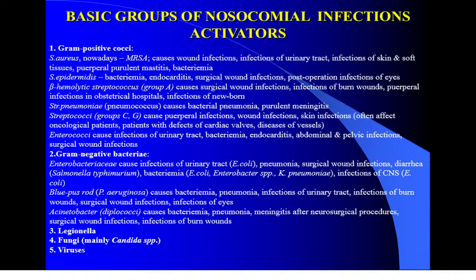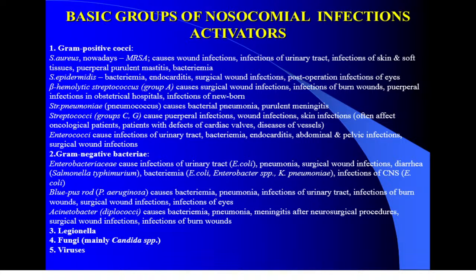And here you can see basic groups of nosocomial infectious activators. Here are many types of microbes. Gram-positive cocci, for example, Staphylococcus aureus, causes wound infections, infections of urinary tract, infections of skin and soft tissues, purulent mastitis, bacteremia.